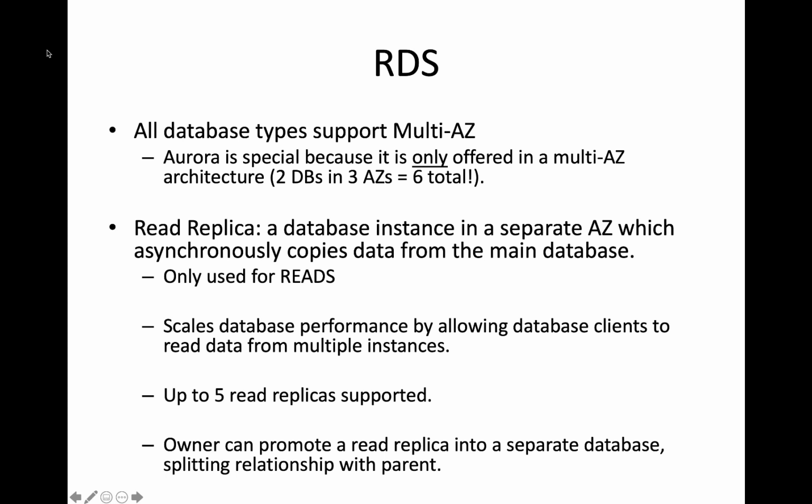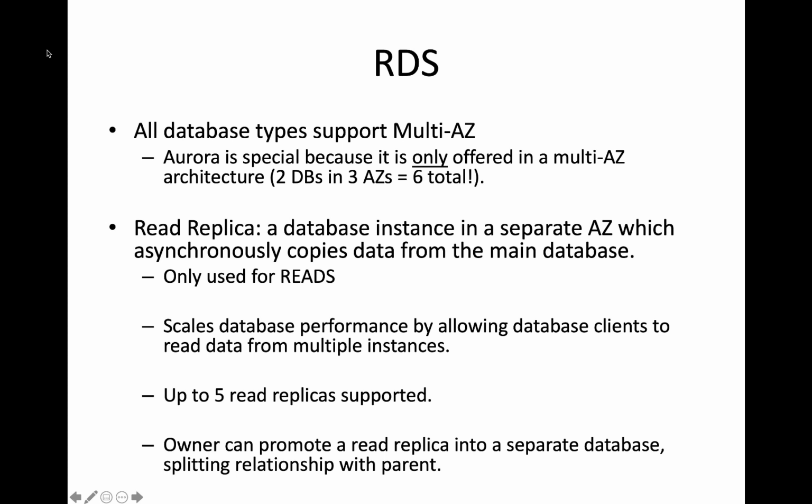What's interesting with Aurora is that when you spin up an Aurora cluster, it will launch 2 database instances in 3 different AZs. So 2 database instances in each AZ, running across 3 AZs. That means that you have a total of 6 database instances in an Aurora cluster, which means that it's extremely resilient, and it also offers very, very high performance.